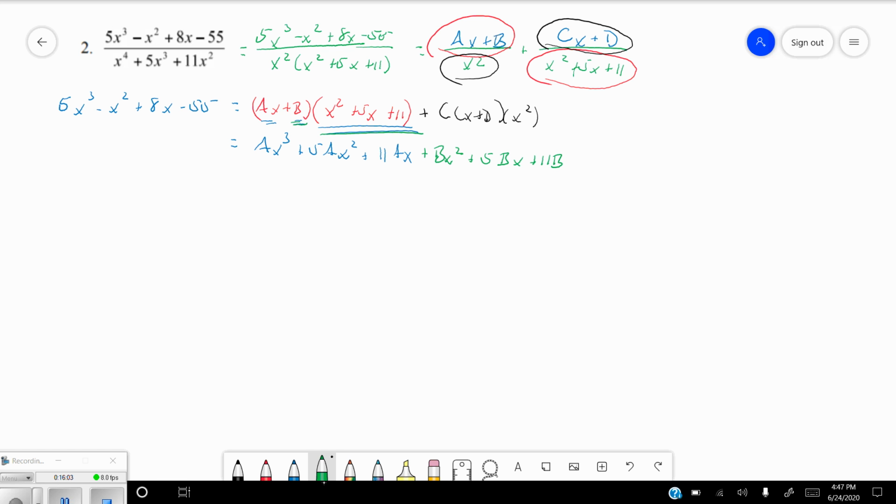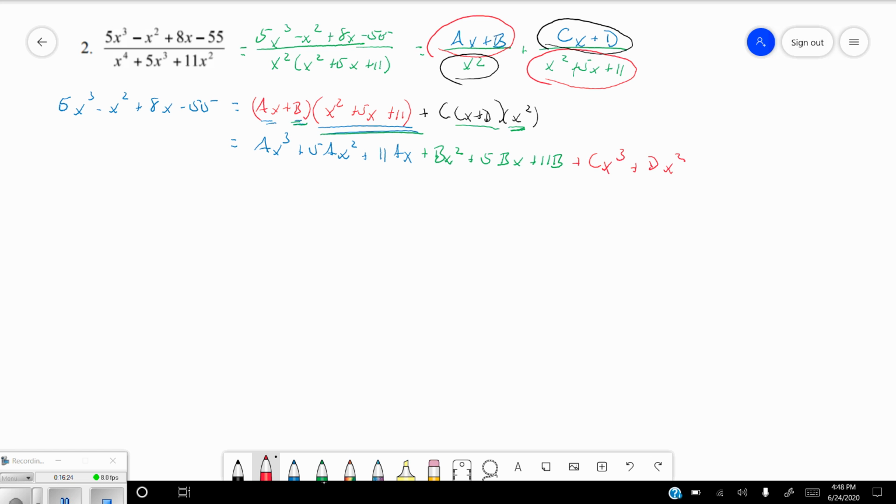Okay, and that's just the first one. So now I got to come over here to this one. This one won't be as hard because I'm just distributing that x squared into here. So I'm going to have, let's see, plus cx cubed plus dx squared.